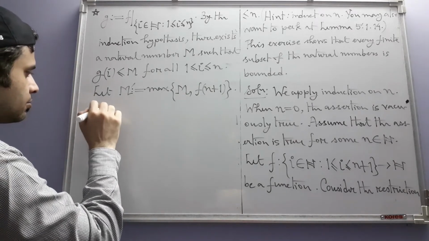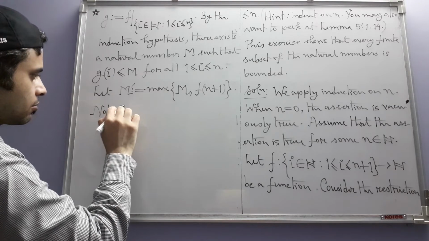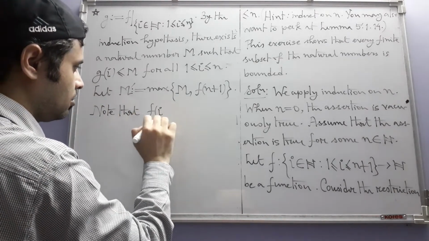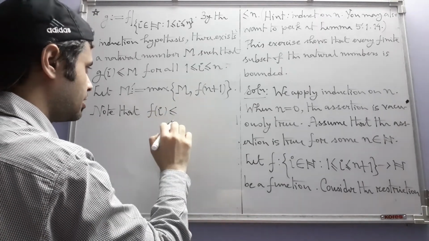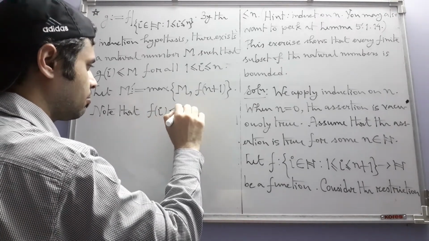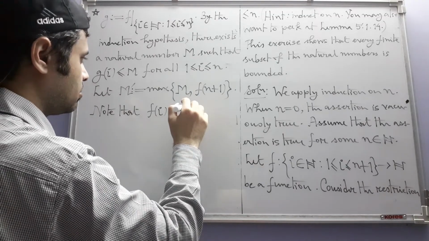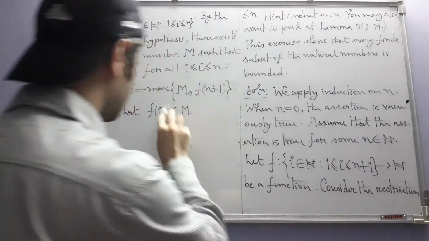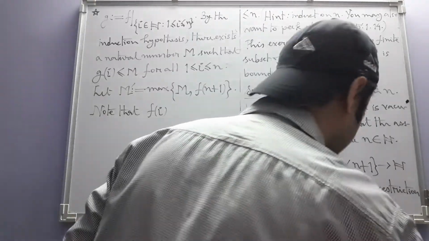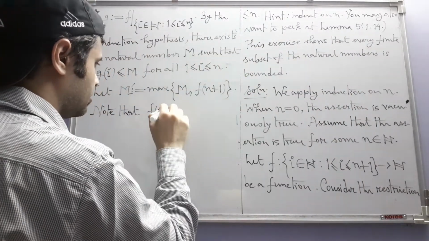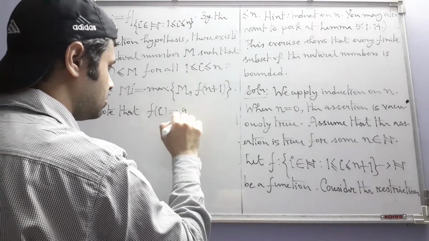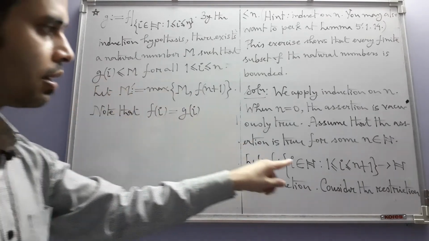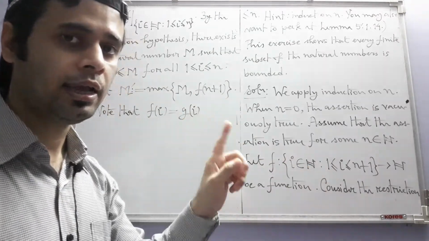Note that f of i is less than or equal to m, or we can write like this, instead of directly writing f of i as such, f of i is equal to g of i if i is a natural number lying between 1 and n.